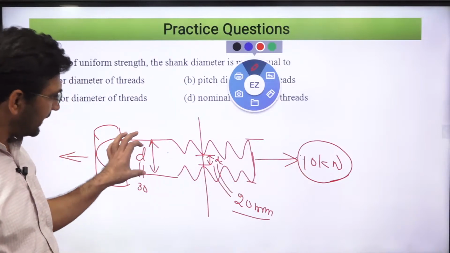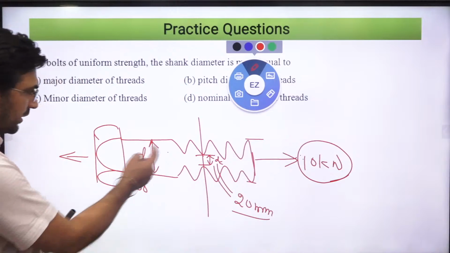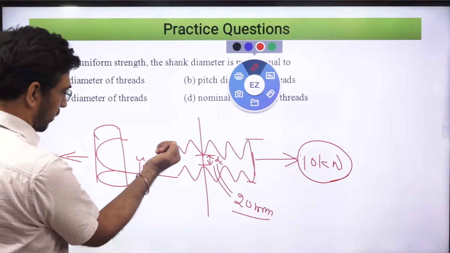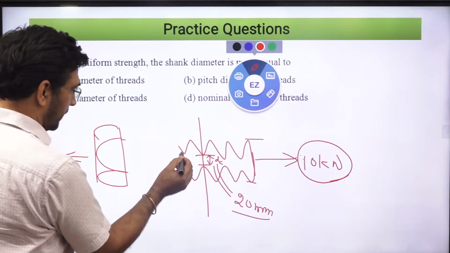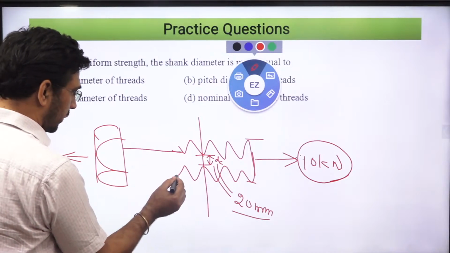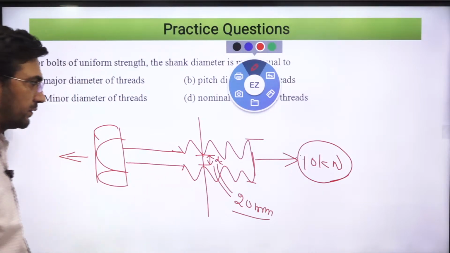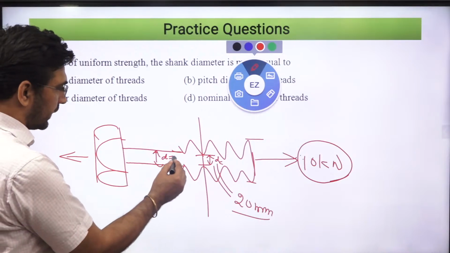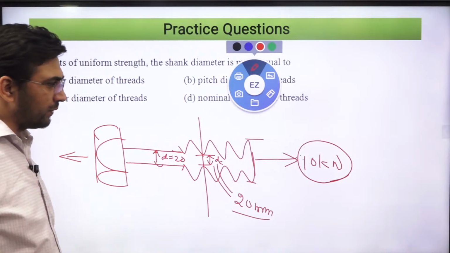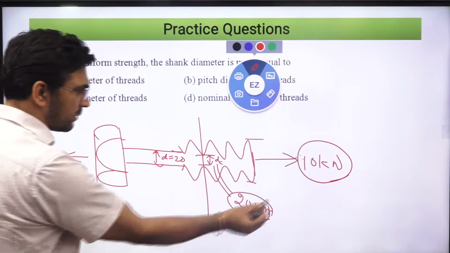So taking the larger diameter here carries no meaning, because even if I reduce this diameter to a smaller one, equal to the core diameter, so that now this is also 20, and you ask where the maximum stress is, you will say at the smallest section, and 20 mm is able to carry 10 kilonewton.